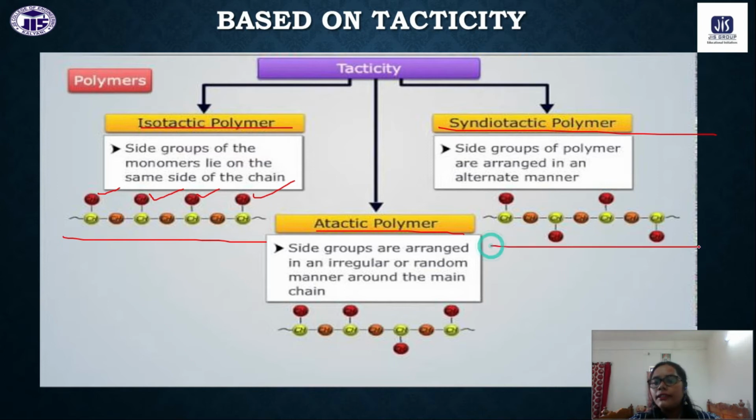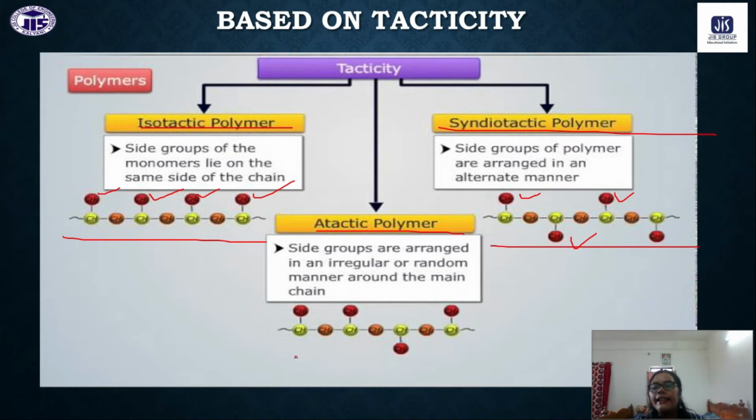Now if you look at this syndiotactic polymer, you can see the red balls are in alternate positions. If it is on the upside on one atom, then on the next atom it will be on the downside. This alternate position is maintained throughout the whole chain, so this is called syndiotactic.